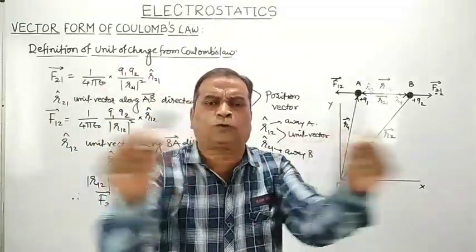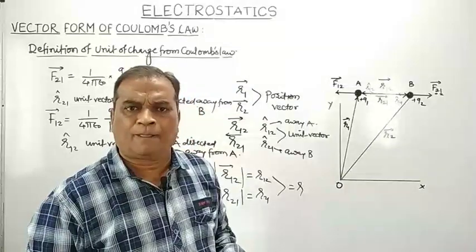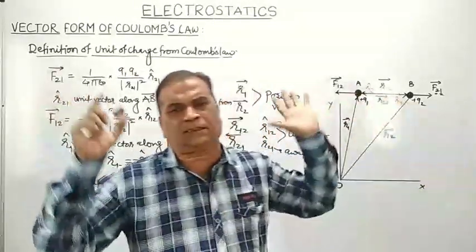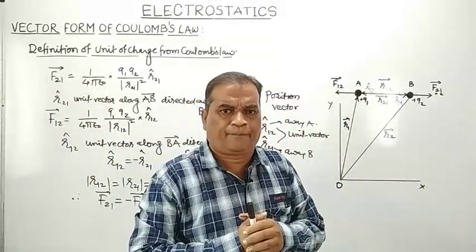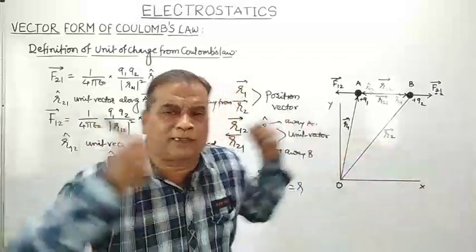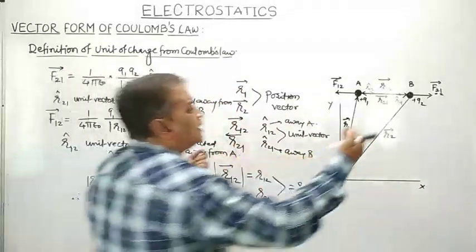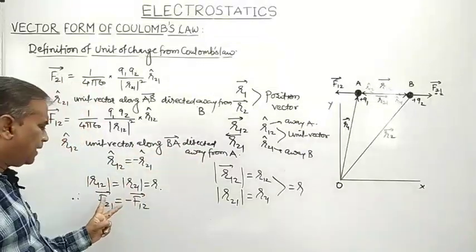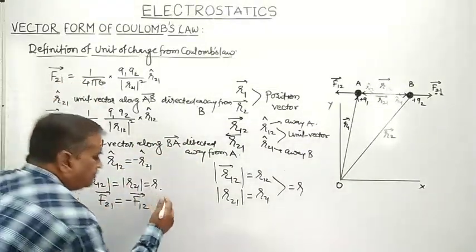Whenever two similar charges are separated by some finite distance r apart, both of them exert a force on each other, and the forces exerted by the charges on each other are equal in magnitude.